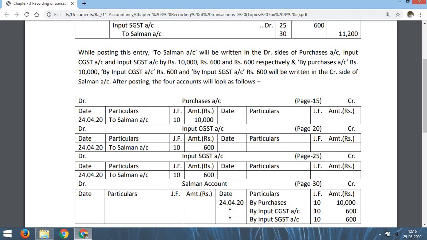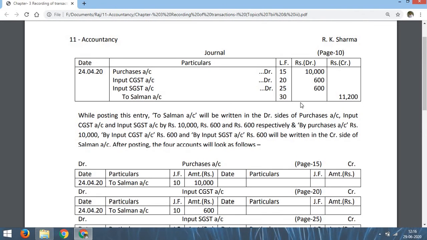But when we are writing page number 10 in these four accounts, we have to write simultaneously these page numbers in journal also. Say page number 15, page number 20, page number 25, page number 30. So these are the page numbers of ledger where these accounts are available.